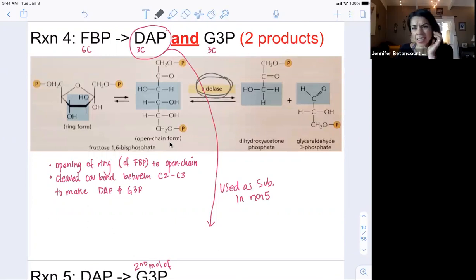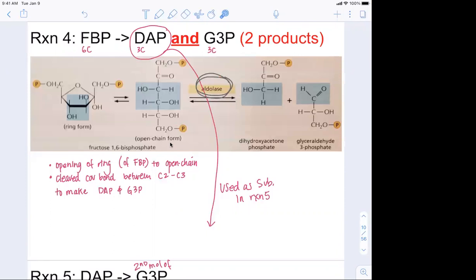I think they just didn't want to put the enzyme name again here, but yes, this is all due to aldolase. And you also have to remember that in bacteria and some special kinds of plants, it already exists in this chain form. So I think that's why they don't make a huge deal about it. But if it's going from ring form to open chain, and aldolase is the only enzyme at this step, aldolase is doing all of that. Okay, thank you. Sure.